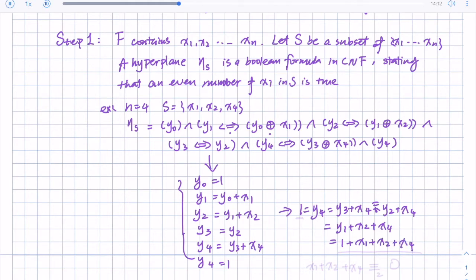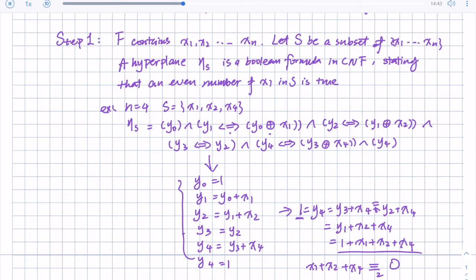So if 1 equals this, then this is saying x1 plus x2 plus x4 is 0 when we mod 2. So this is equivalent to saying there are an even number of variables in S that are 1. So this is step 1.